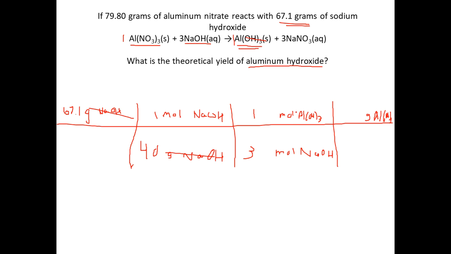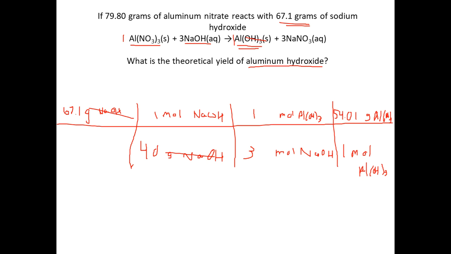All right, now last step, we need to go from moles of aluminum hydroxide to grams of aluminum hydroxide. So we're going to use the molar mass yet again. 1 mole of AlOH3 has a mass of 54.01. That's just 1 aluminum plus 3 oxygens plus 3 hydrogens.